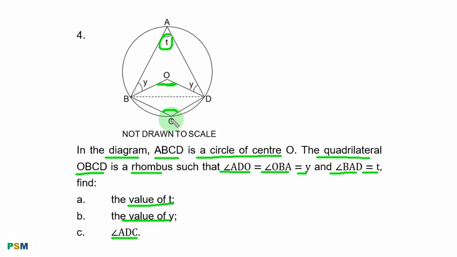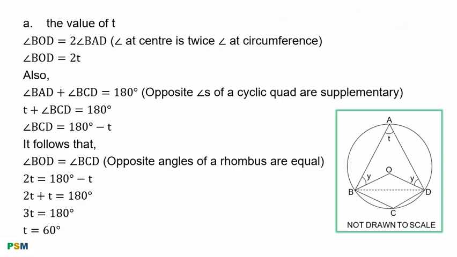That is opposite angles of a cyclic quadrilateral. With this, angle O and angle C are known. You equate them and find the value of T. We proceed with the solution.